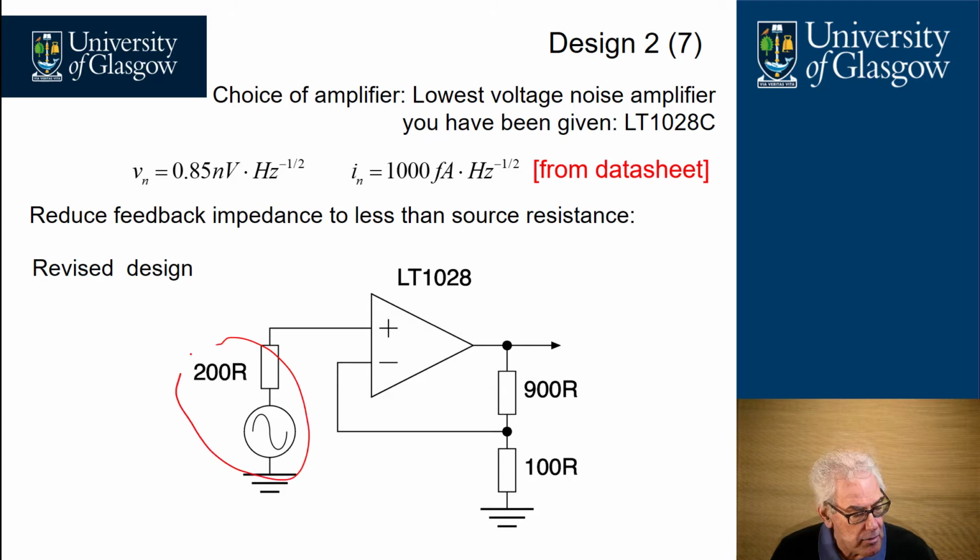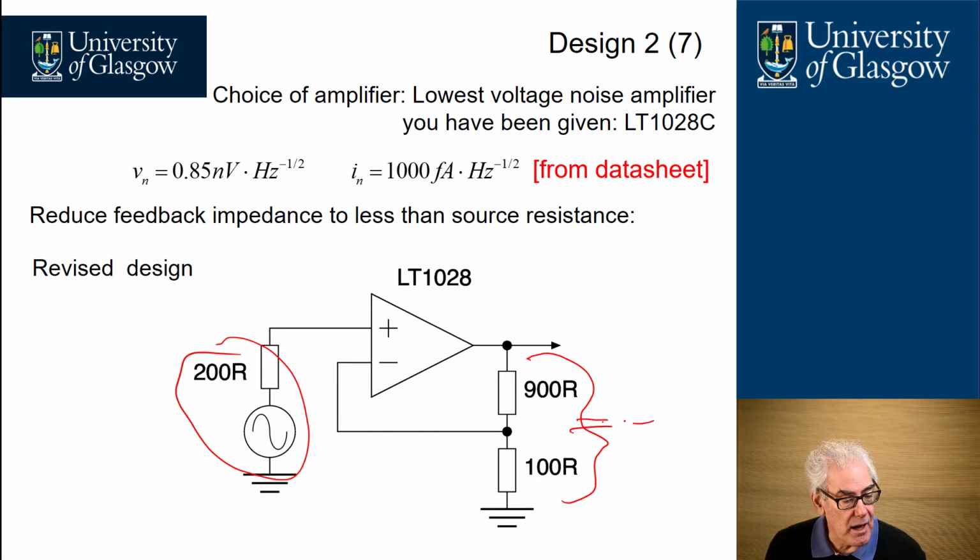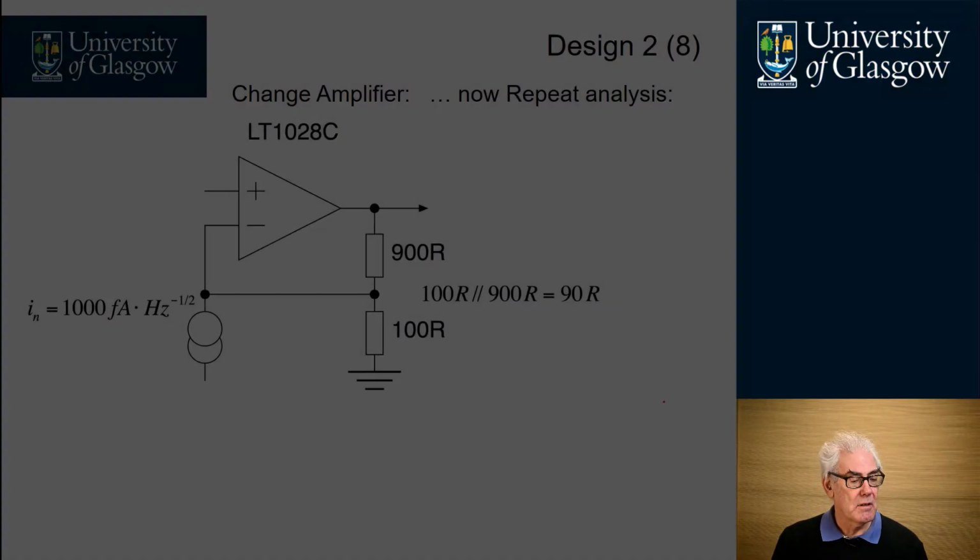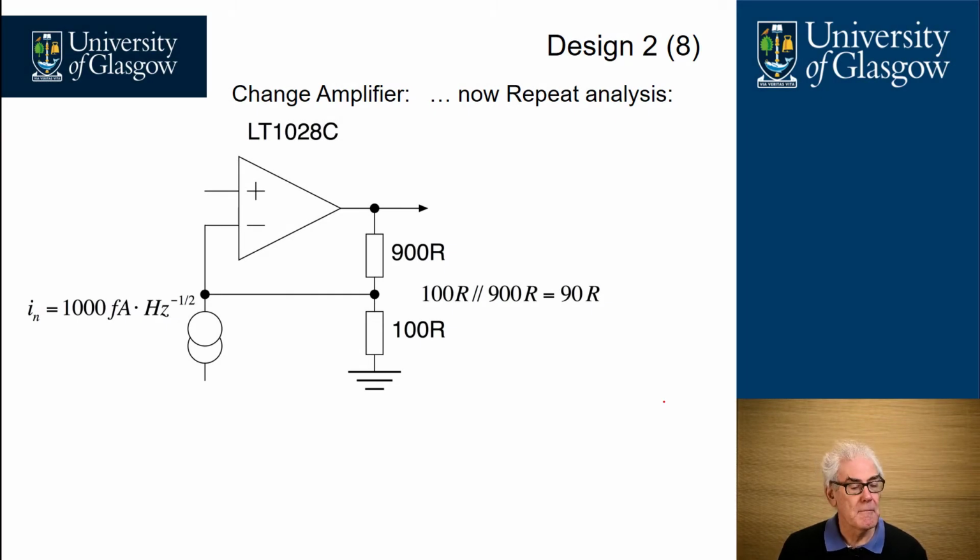We have our source of 200 ohms, as we always had, but in this case, although we've kept the gain still at ×10 as a non-inverting amplifier, we've reduced the value from 9000 ohms down to 900 ohms and 1000 ohms down to 100. This has the effect of meaning that we only have a 90 ohm parallel resistance here. And now we've changed the amplifier. Let's run through the analysis again.